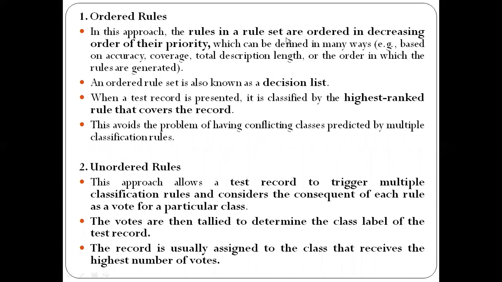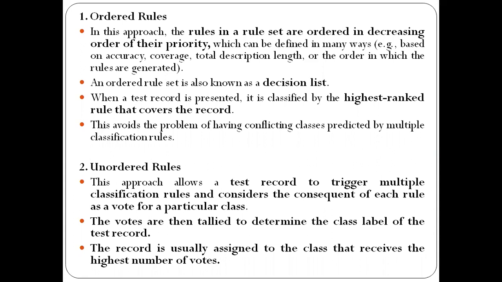Coming to unordered rules, we will not have any ordering of the rules; they are not ordered according to their priority. Instead, each time a test record triggers multiple classification rules, we consider it as one count or vote for that class.